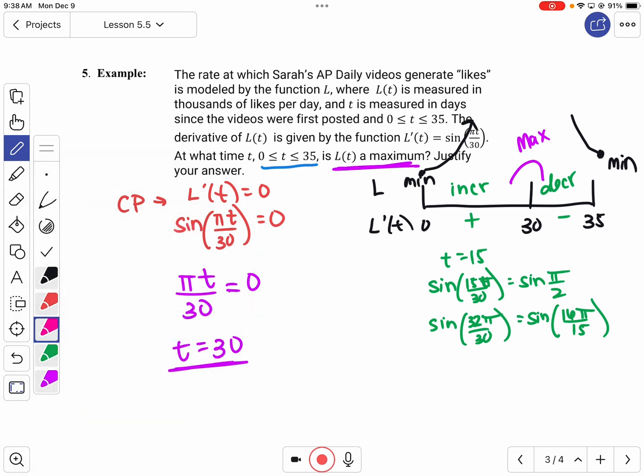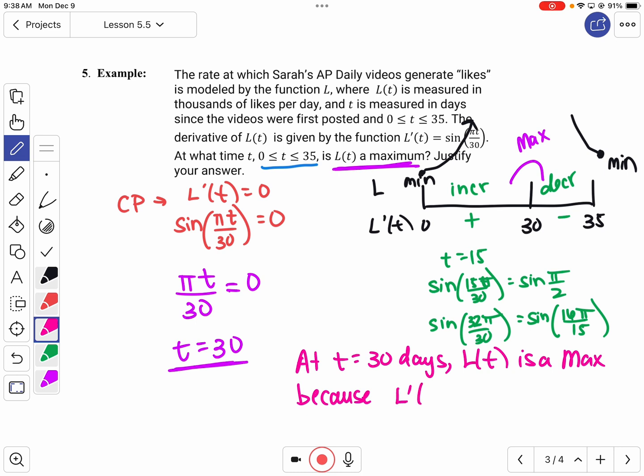All right, so now if we write our justification: at t equals 30 days, L of t is a max because, what they gave me was the derivative, so that's what I have to talk about.